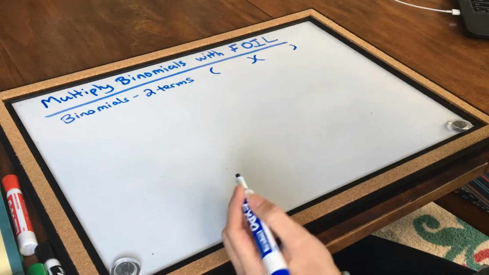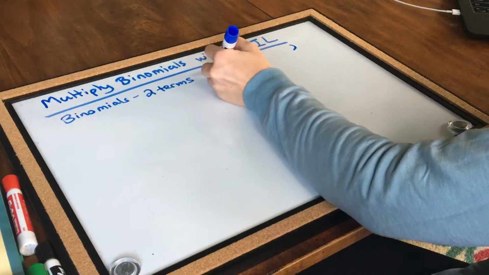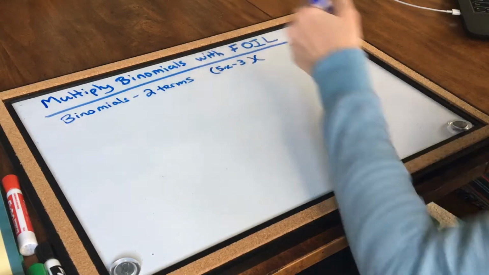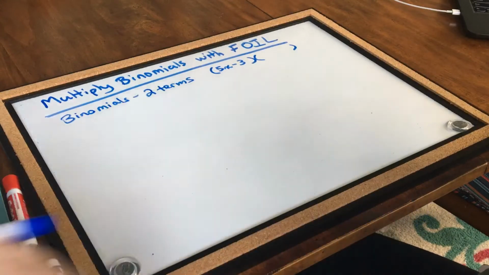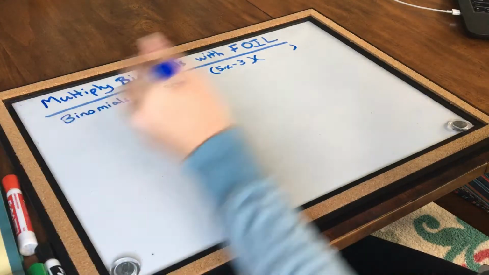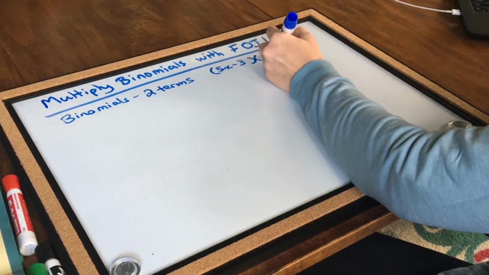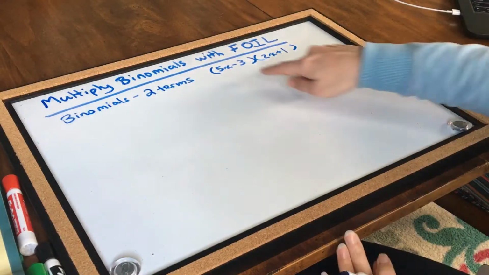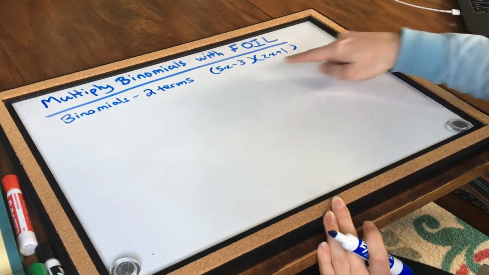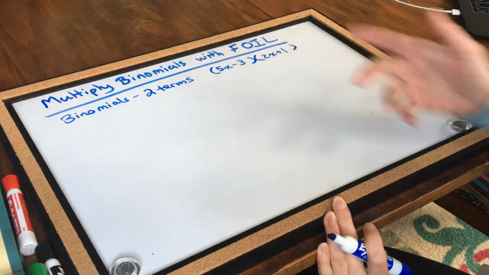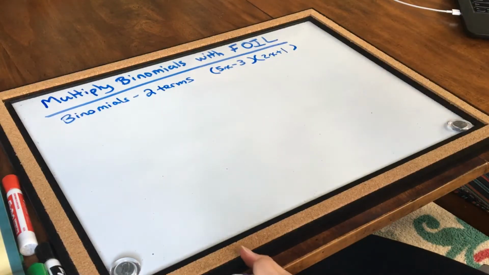So in this case, for example, we're going to look at a binomial 5x minus 3, and we're also going to look at 2x plus 1. Okay, so this is kind of the format that you're going to see. There's going to be 2 terms in each one, and we're going to multiply them using FOIL.